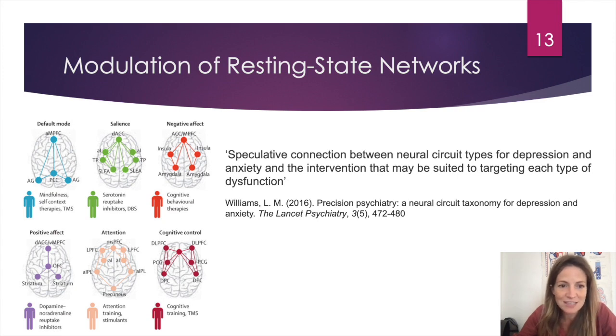On the other hand, the salience network could be modulated by SSRIs, these serotonin reuptake inhibitors, but also by deep brain stimulation. So there seem to be different ways to tune these networks, these patterns, that can be natural, like mindfulness and cognitive behavioral therapies, or pharmacological, with the use of drugs, or by electromagnetic perturbation.